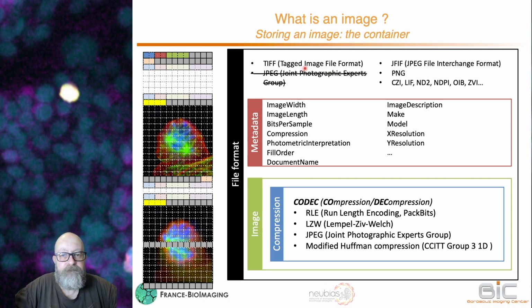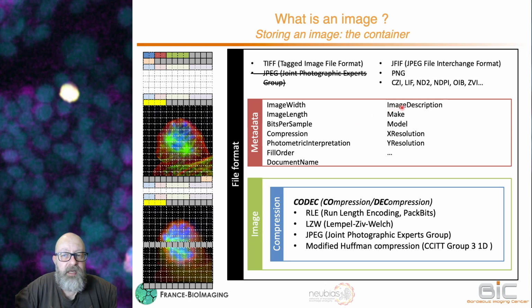So a file on your computer, when it's an image, is not only the data of intensities, it's also what is called metadata. For instance, at the top of the file, you will have information such as the image width, its length, the bits per sample, is it 8-bit or 16-bit, type of compression, a lot of information.